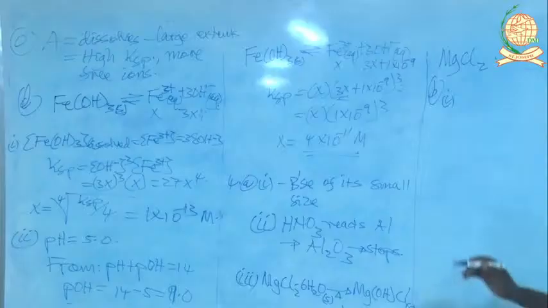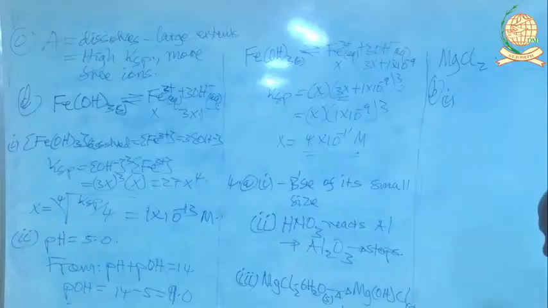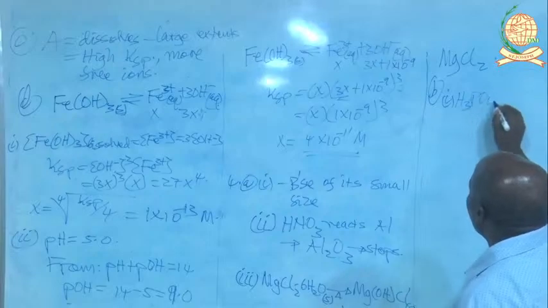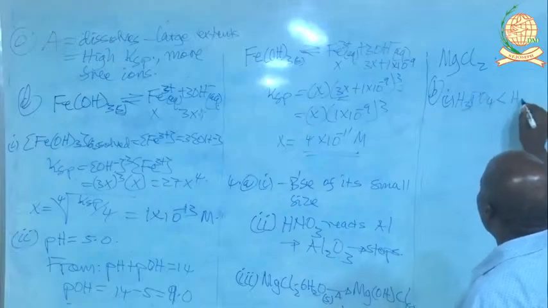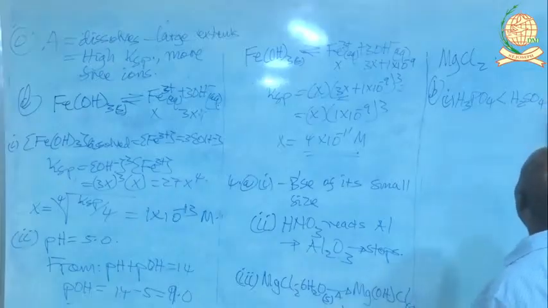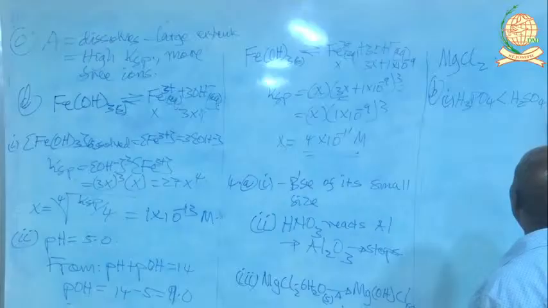So the strongest is perchloric acid, followed by sulfuric, and finally phosphoric acid. So in the order of increasing acidic strength, this is the arrangement. Then perchloric acid, HClO4.